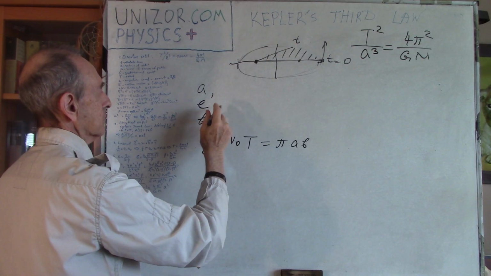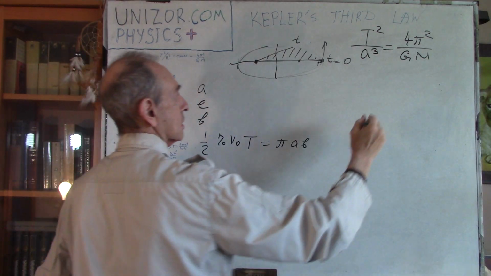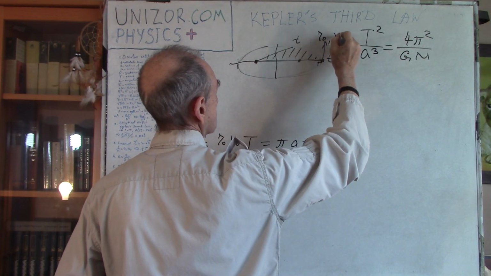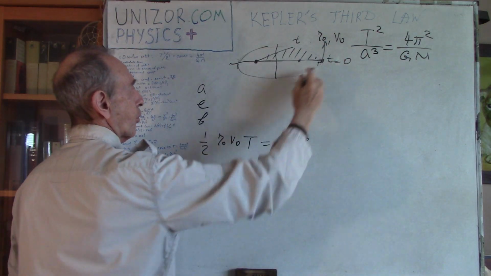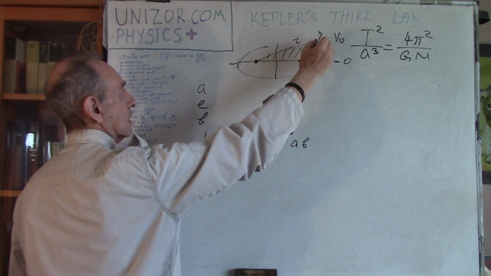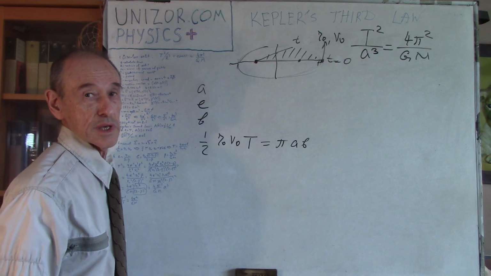I have derived expressions for all of these based on the initial R0 and V0, which are the distance and the speed at the point t equals 0. So I have expressions for all of these using R0 and V0, and I will just use them.